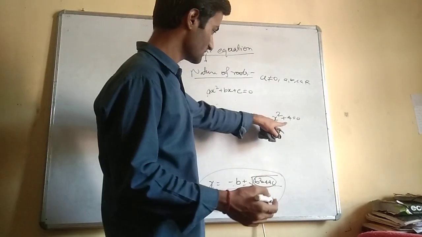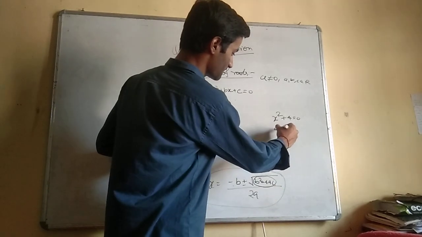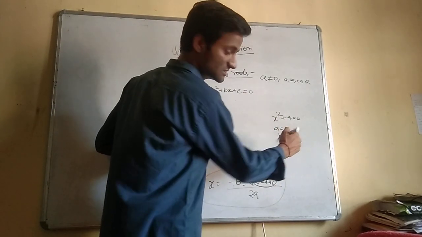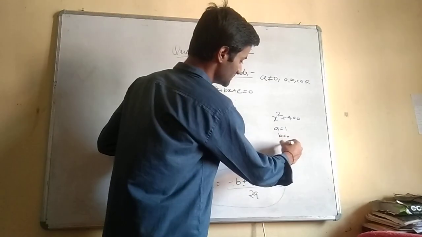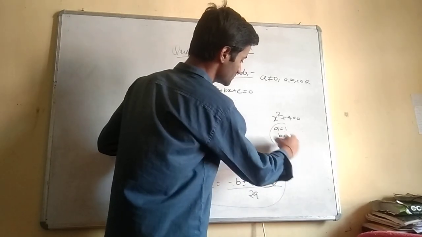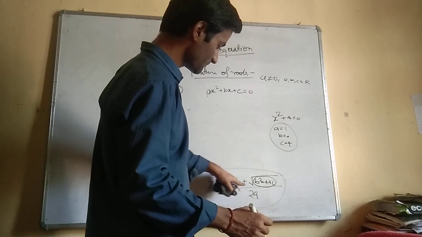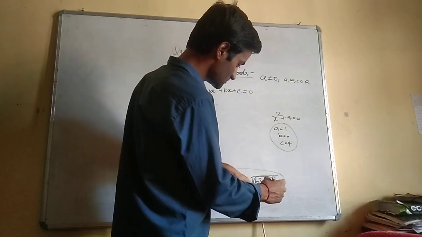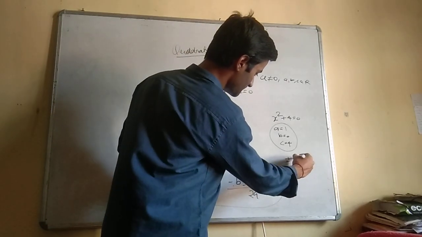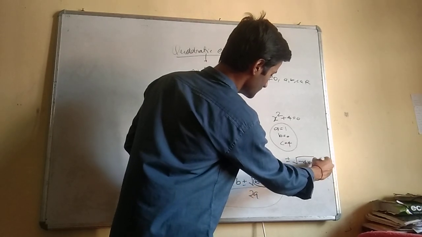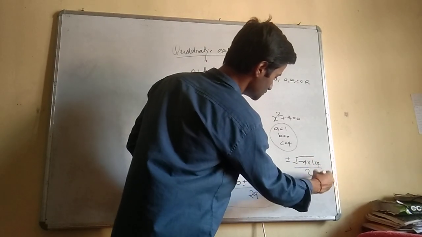So a will be 1, b will be 0 because there is no coefficient of x, and c will be 4. If you write these values here, b will become 0 and this b will also become 0. So this will become plus minus root of minus 4ac upon 2.